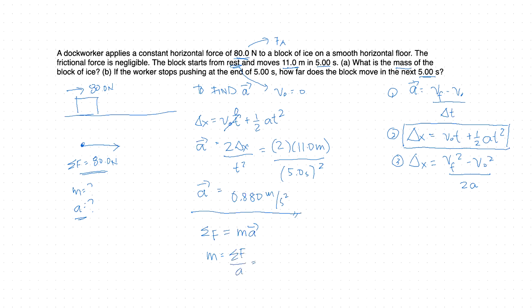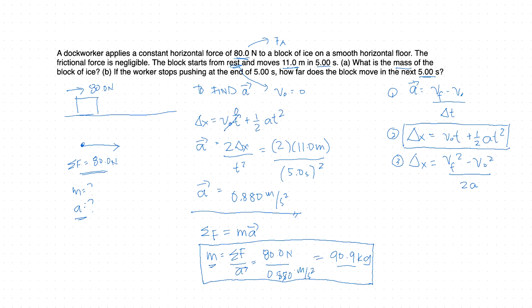It is equal to 80 newtons over 0.880 meters per second squared, so around 90.9 kilograms. We have three significant figures. The ice weighs 90.9 kilograms times the acceleration due to gravity, but since we just need the mass, we have 90.9 kilograms.